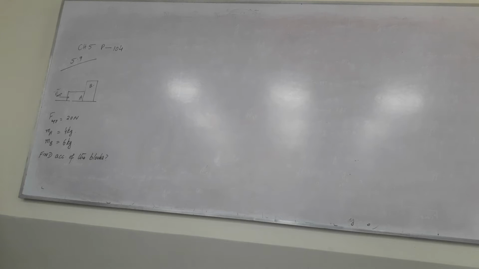As a result of the application of this force, block A will also push block B. Pushing block B means it's also exerting a force on block B, and therefore both blocks will move and there will be an acceleration, and we have to find that acceleration.